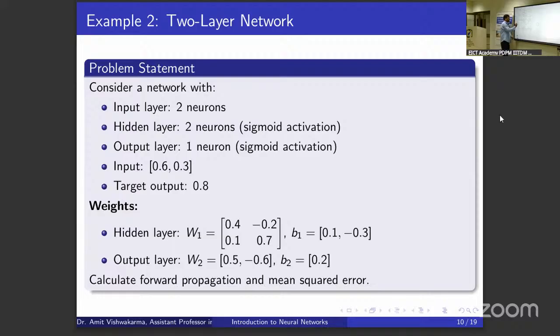We follow this W J K. A, B, C, D, E, F, G, H, I, J, K. J comes first, K later after J. So this comes first, then comes this. Based on this analogy, we make the name.